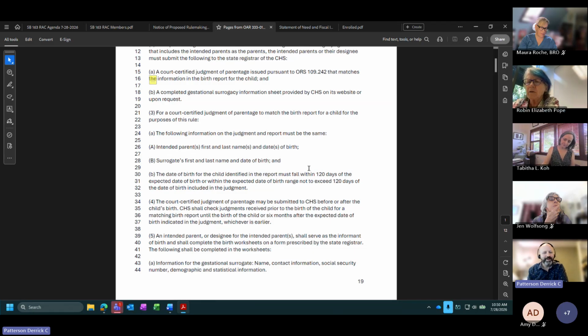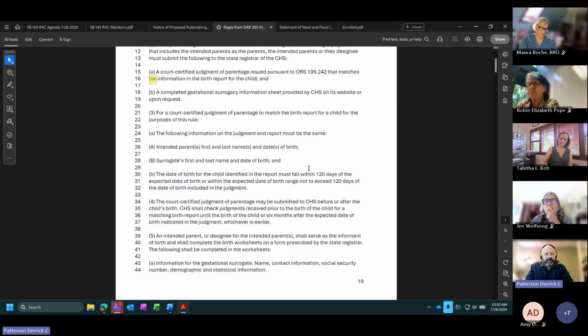Our subject matter experts can correct me if I'm wrong, but I believe we require originals. Robin: You require essentially a wet copy, an original, not a photocopy. And this rule is about submitting to the state registrar, to Vital Records. It's not submitting it to the hospital. So that's different than giving something to the hospital.